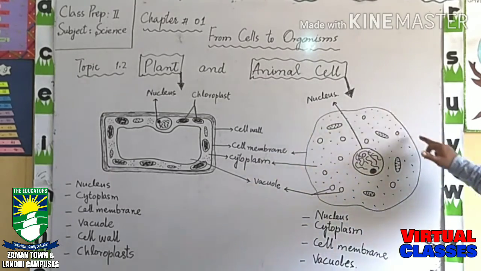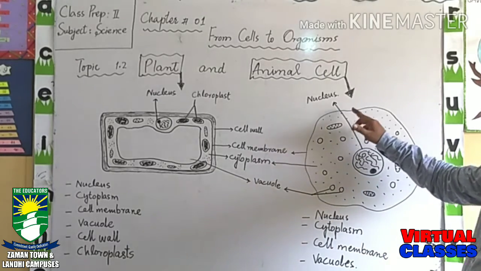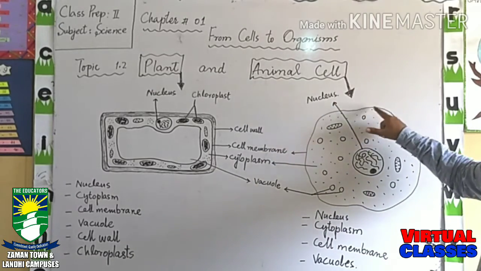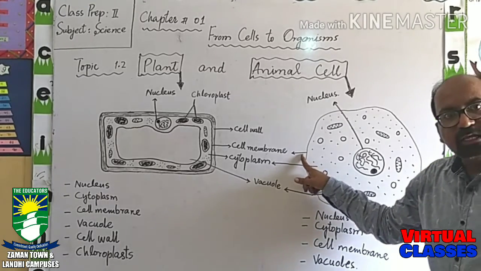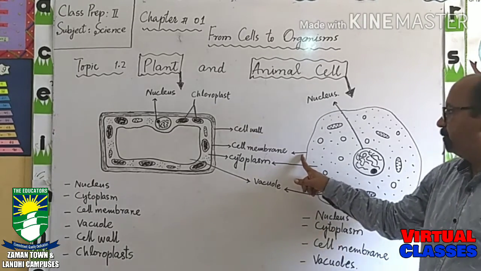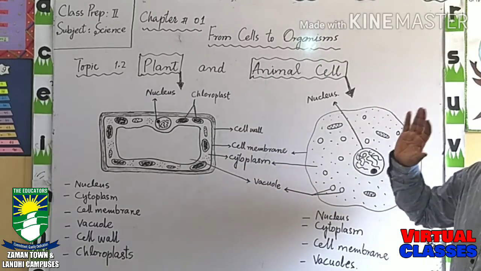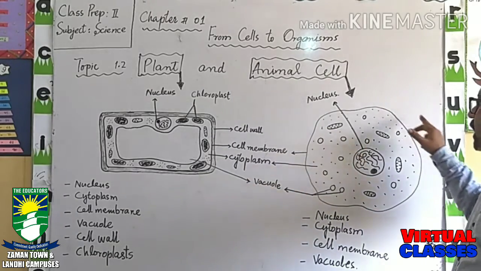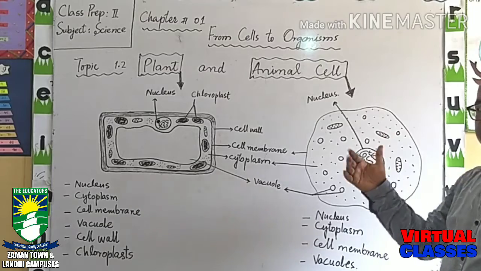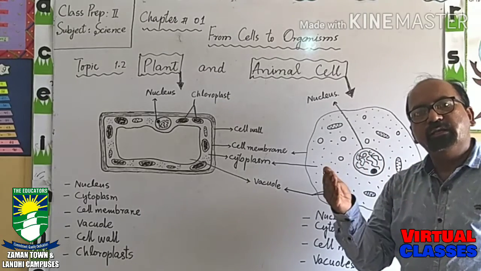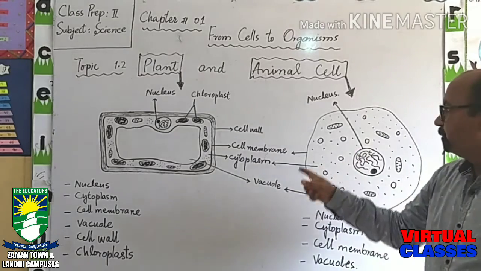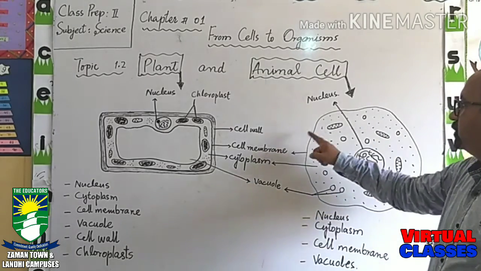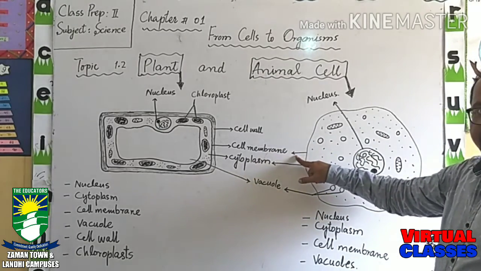Okay, the outer layer of the animal cell is the cell membrane, and the function is the same: all the things which are coming in and going out pass through the cell membrane.